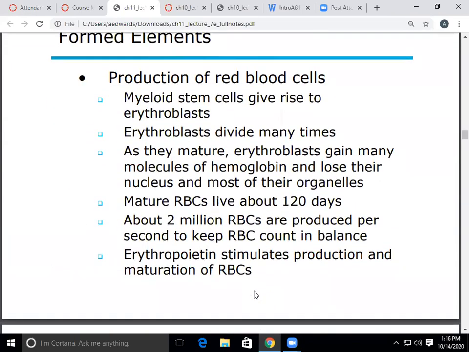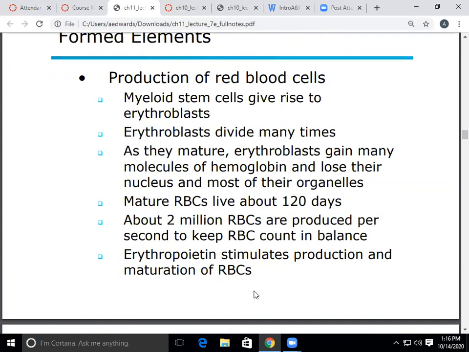So, production of the red blood cells. Your myeloid stem cells are going to give rise to your erythroblasts. We saw that in the picture. Those erythroblasts are going to go through multiple cell divisions and start to mature. They will start accumulating lots of hemoglobin, and they'll start losing their nucleus.